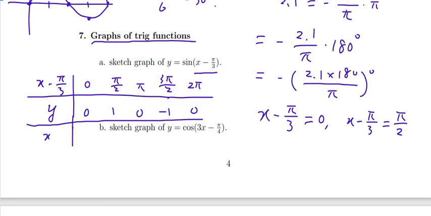Once we solve for these, the other ones increase by the same number. From 0 to pi over 2 increases pi over 2, then again pi over 2, and pi over 2. So x also increases by the same number. Then we get the 5 points and can sketch a graph.